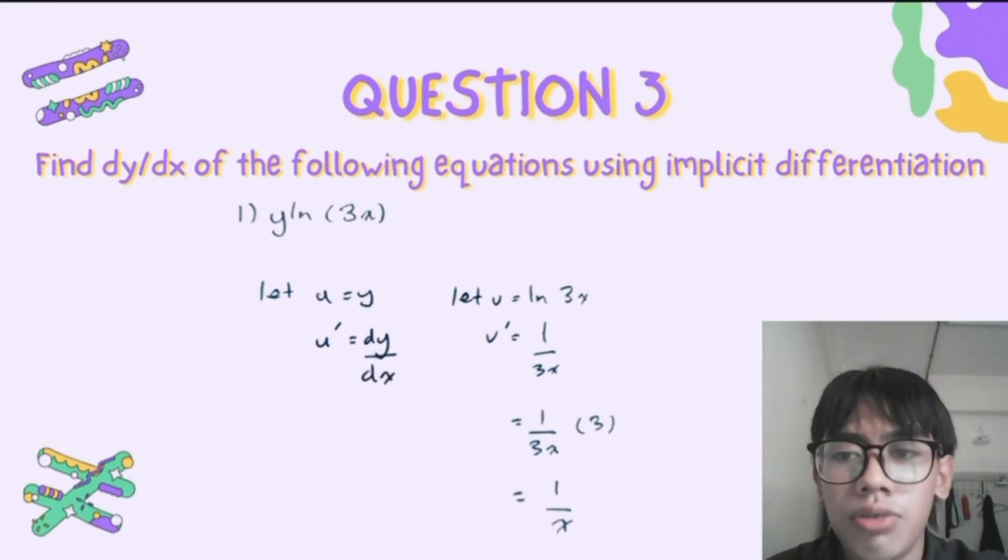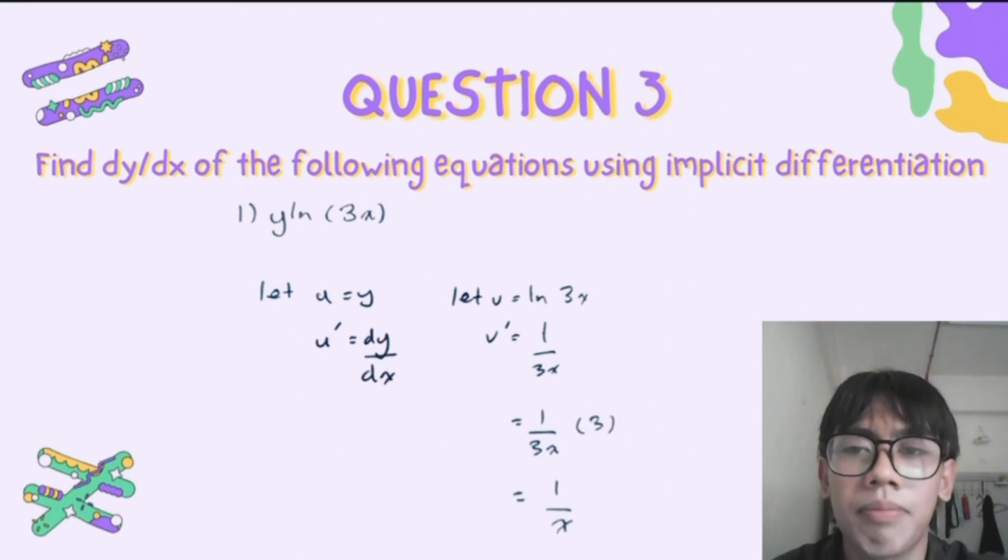The derivative of u with respect to x is simply dy/dx, while the derivative of v is 1/(3x) times 3, which simplifies cleanly to 1/x. Applying the product rule formula, this first term gives us y/x plus ln(3x) times dy/dx.